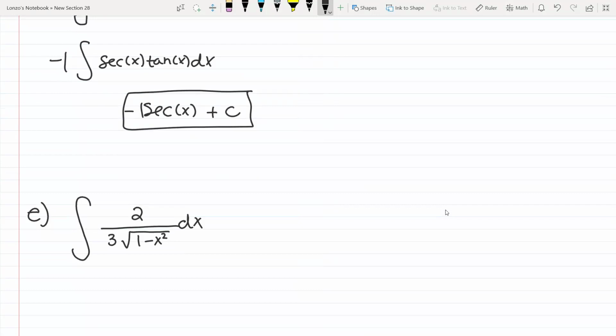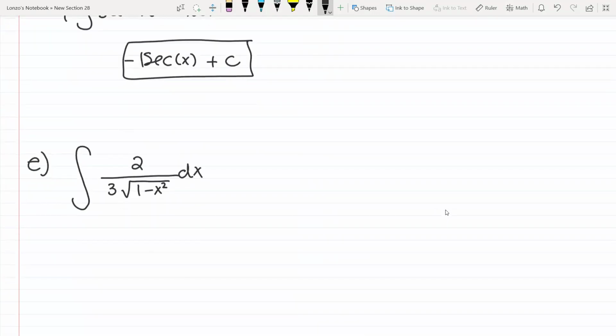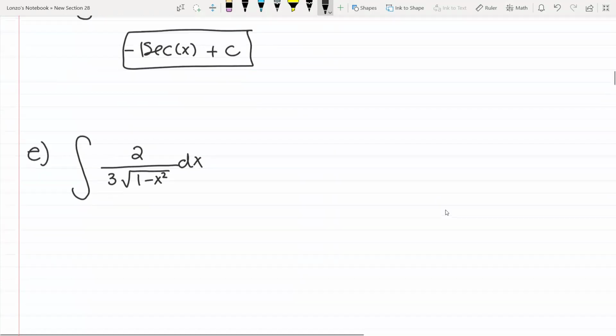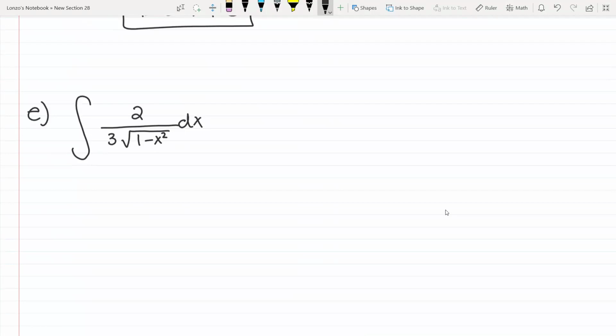Okay, so e, we have to take the integration of 2 over 3 square root of 1 minus x squared dx. What I would do first is take out the constant 2/3, and then you're left with 1 over square root of 1 minus x squared dx. Now, what is the integration of that? I would not use u substitution.